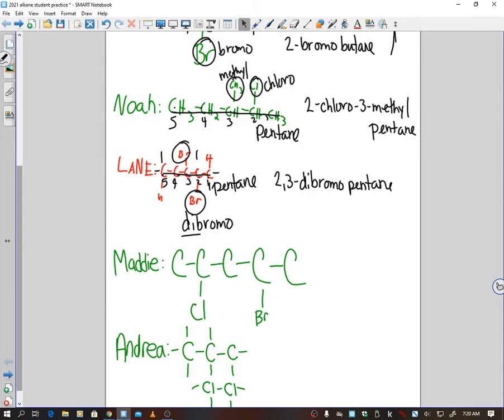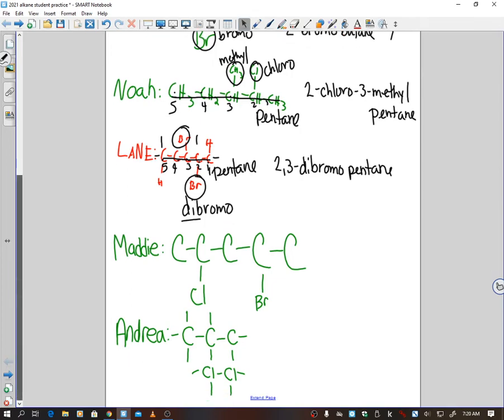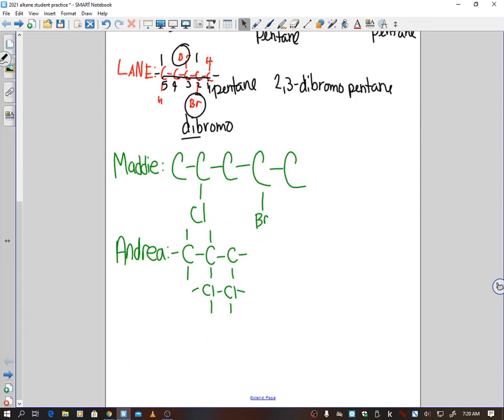All right, on Maddie's, extend here a little bit. I've got 1, 2, 3, 4, 5. So this is also pentane. And I have a chloro, and I have a bromo. I'm glad that she did this one because look, I could go 1, 2, 3, 4, or I could go 1, 2, 3, 4.